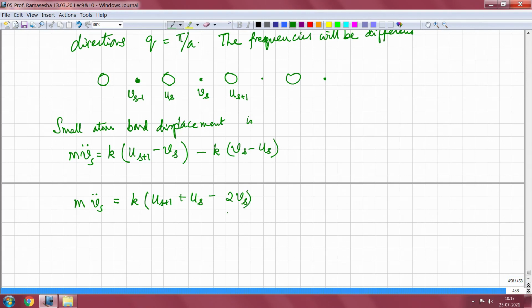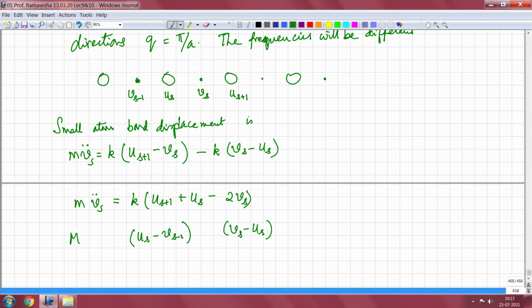Now let us see what is the displacement for the big atom, which is at us. The displacement at the big atom will be vs minus us for the right side bond, and for the left side bond it is us minus vs minus 1, and the other one is vs minus us. So these are the 2 displacements that I have.